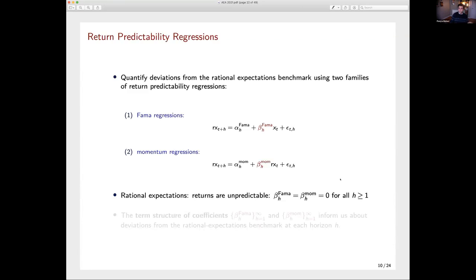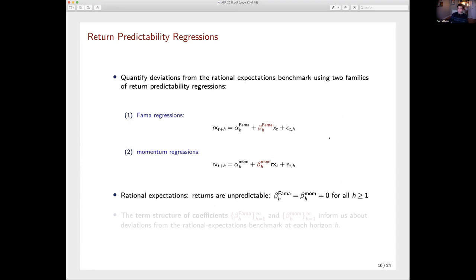So we quantify the extent of return predictability using two classes of regressions. We denote them formal regressions and momentum regressions. In the formal regression, we regress excess return at time t plus h on the dividend or fundamental at time t. In the momentum regression, we regress the excess return at time t plus h on excess return at time t.